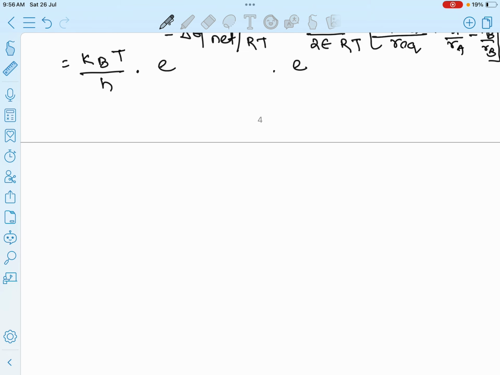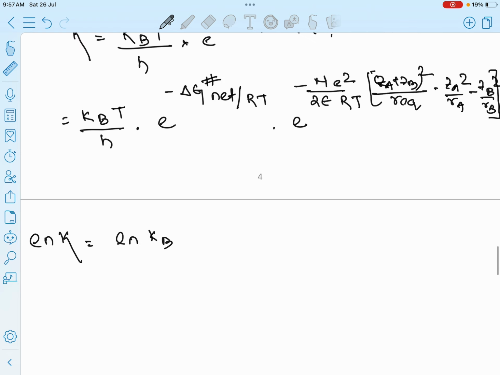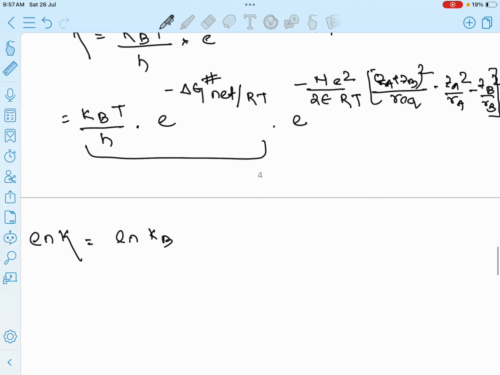Okay, now taking ln on both sides, we get back the expression ln of k is equal to ln of, we are not separating, actually in the last class we have done like this only, we will not separate this, we will keep this.